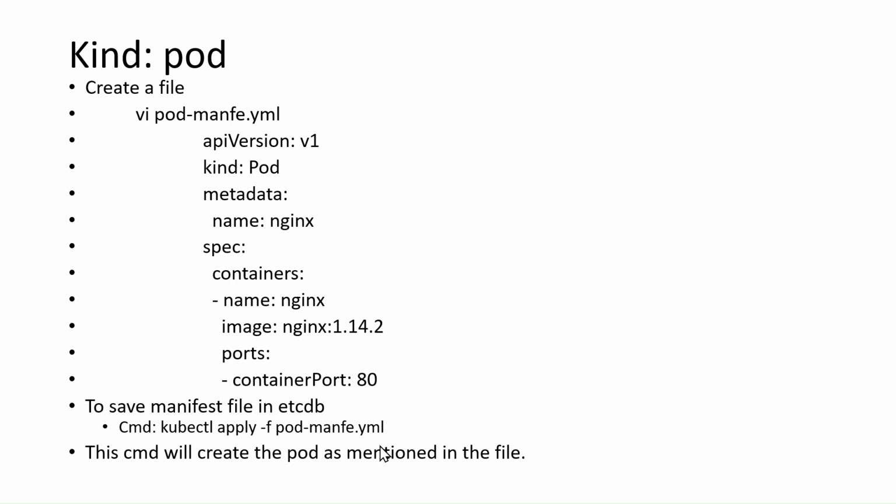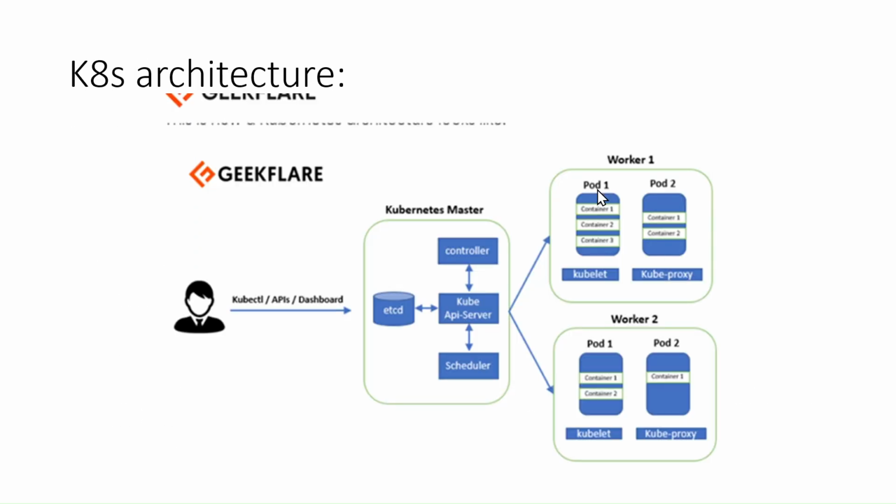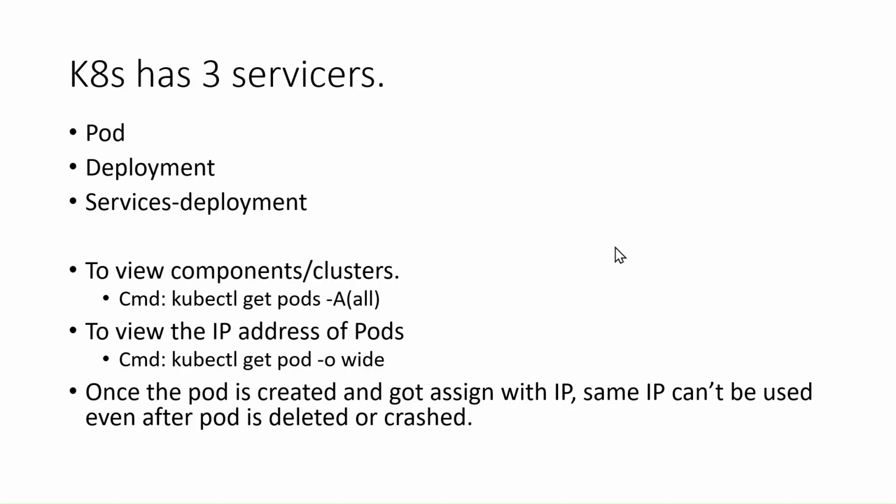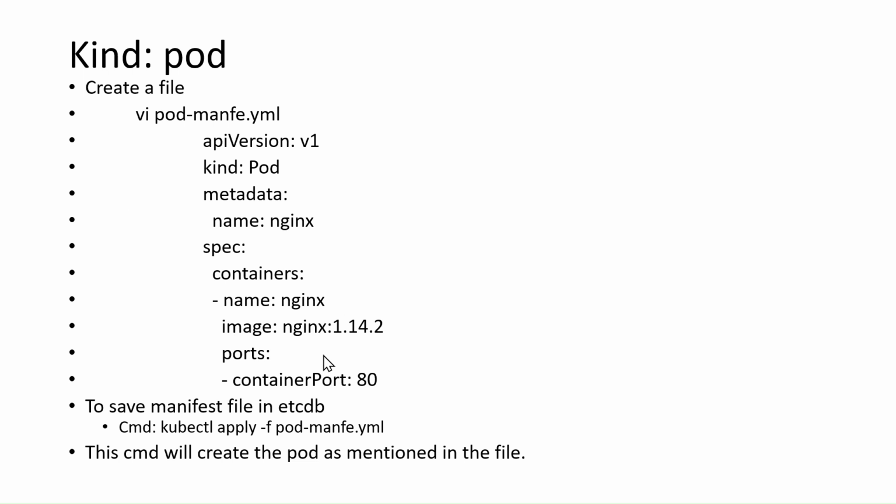By passing this command, the chef will create the pod along with the container inside, having the application or server nginx of that version. So this command will create the pod as mentioned in the file. As instructed, this will prepare a pod with the container having the specification.